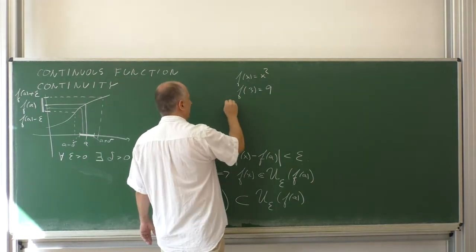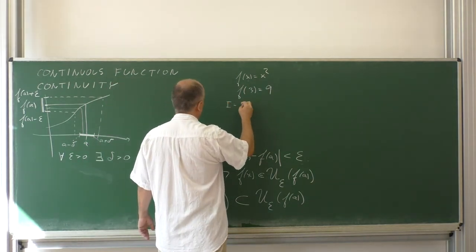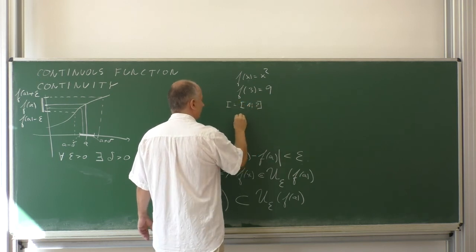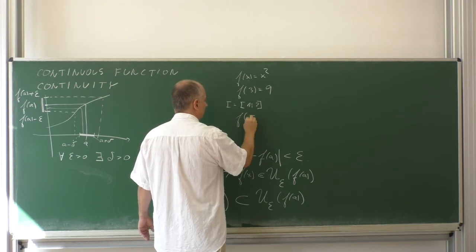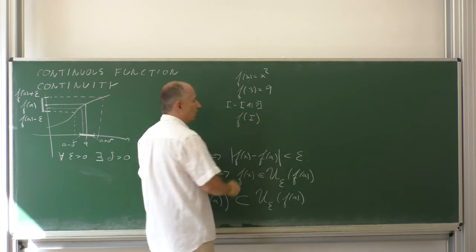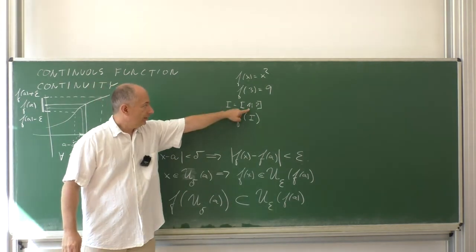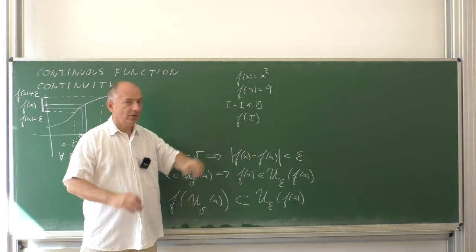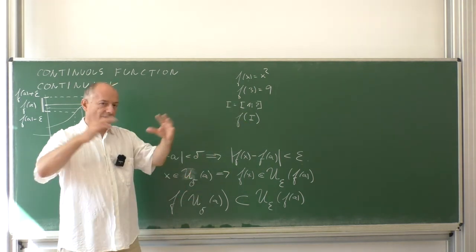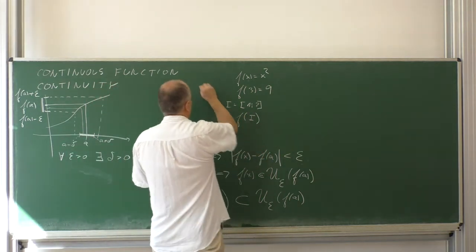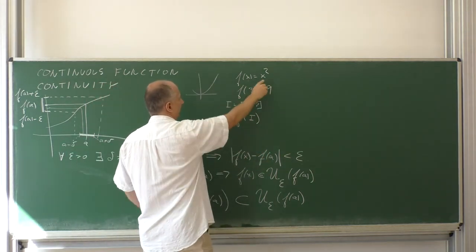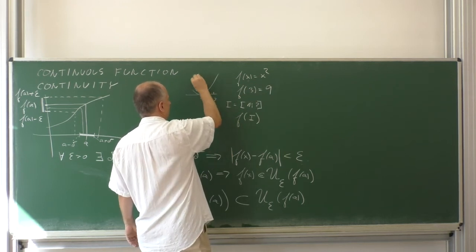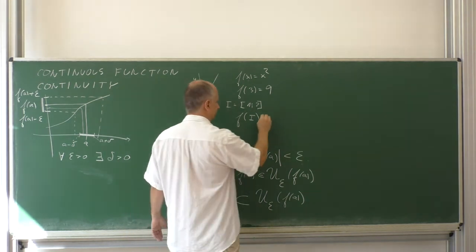On the other hand, if we have some interval, say from 1 to 2, then we can consider the image of this whole interval. The interval now consists of infinitely many points, and f of this set is the set of all the results, the collection of all the results. And it's easy to find that x squared maps the interval from 1 to 2 into the interval from 1 to 4.